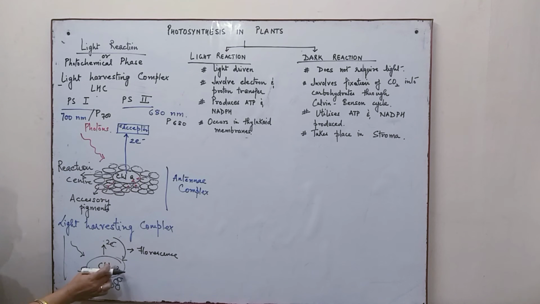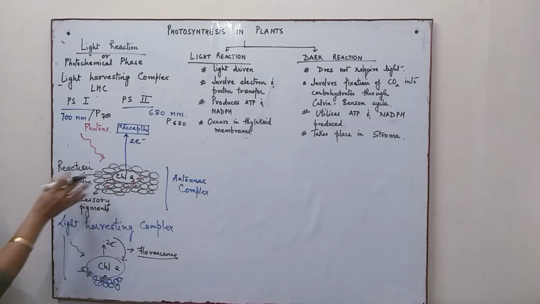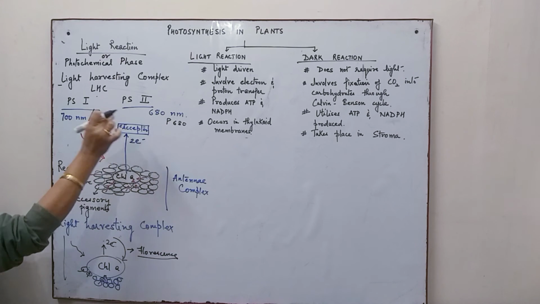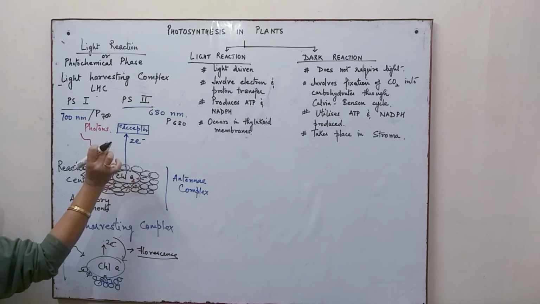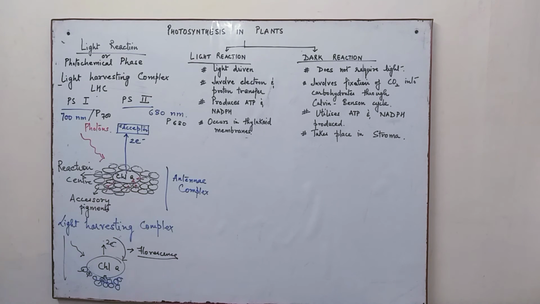and while coming back to its ground state, it will emit energy or light of a certain wavelength, and that process is known as fluorescence. But in the actual situation, when the electrons are released by chlorophyll A in the excited state, there will be an electron acceptor.